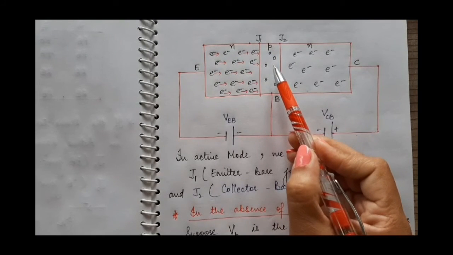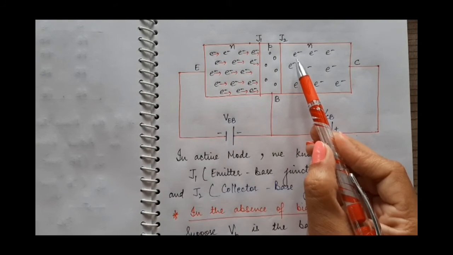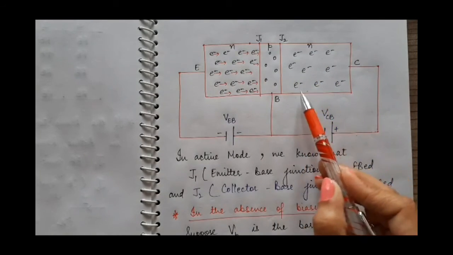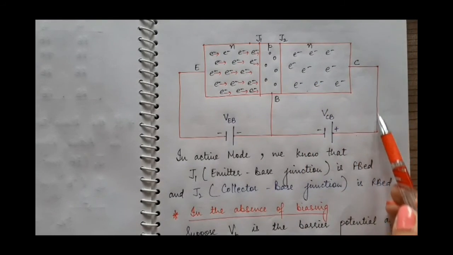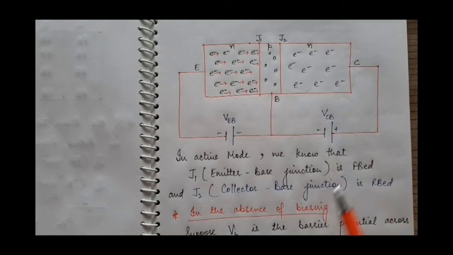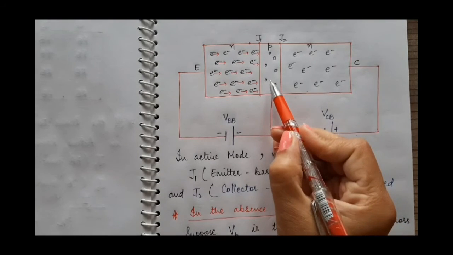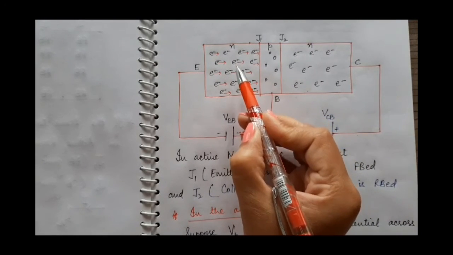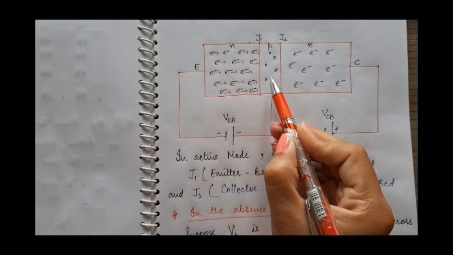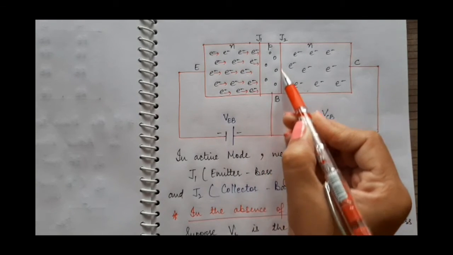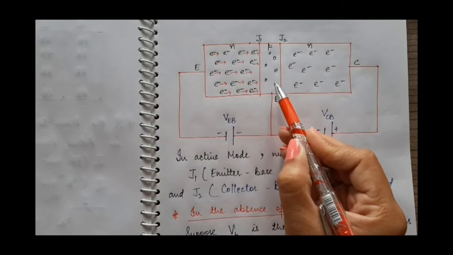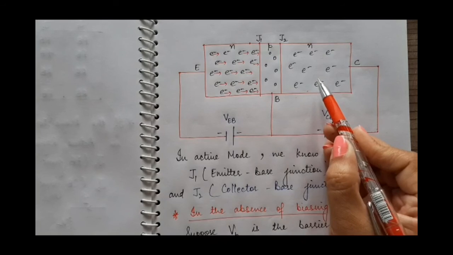So the remaining electrons will enter the collector region and start drifting across the collector, and there they will be attracted by the positive electrode of the collector. So out of 100% electrons emitted by the emitter, only 2 to 5% recombine inside the base, and the remaining 95% will enter the collector region.